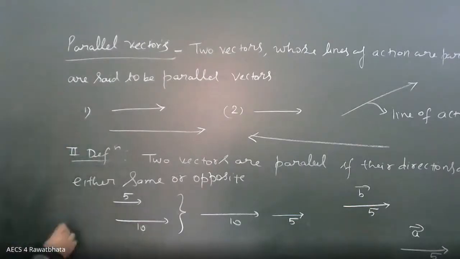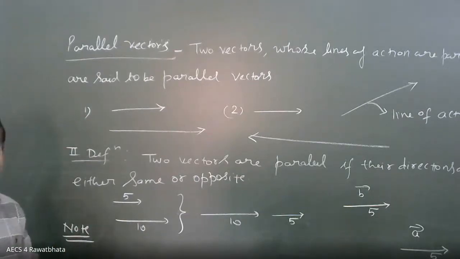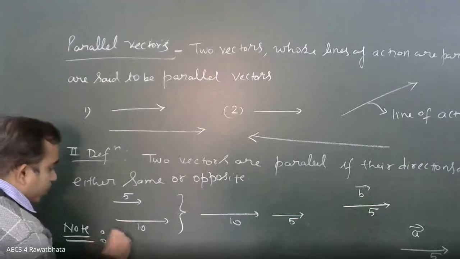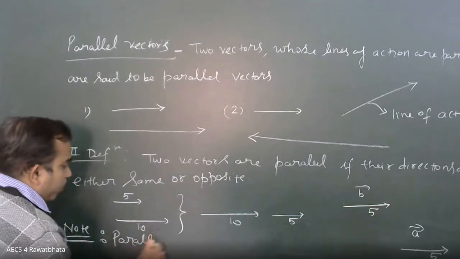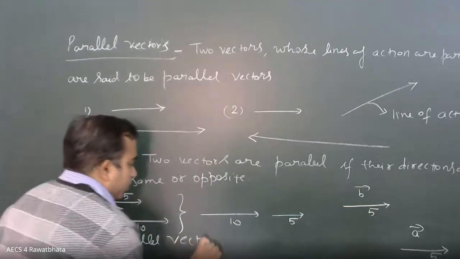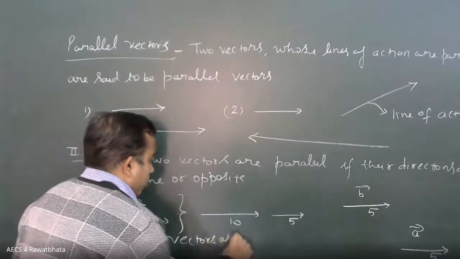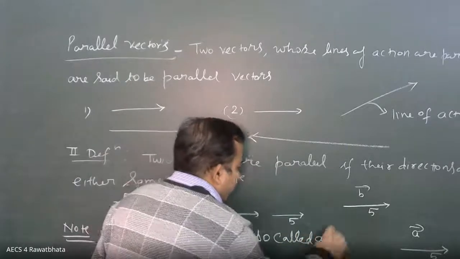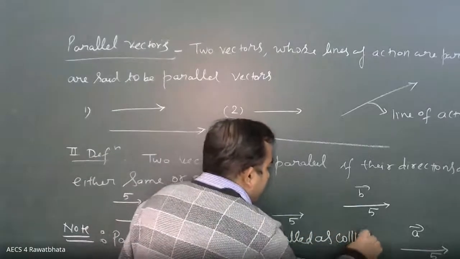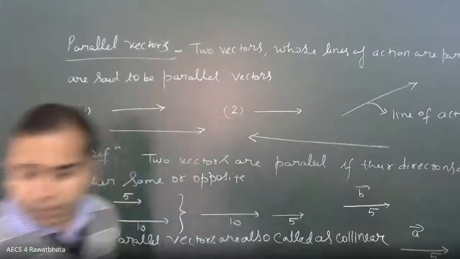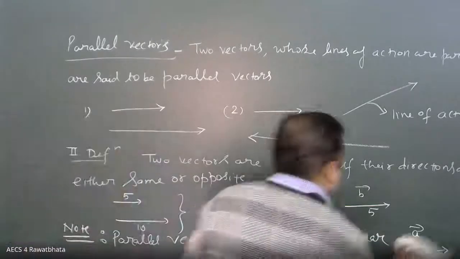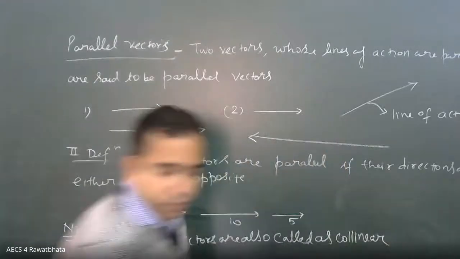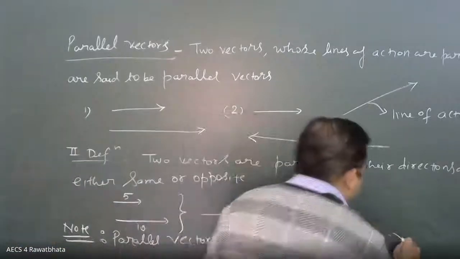That is why there is one more name for these parallel vectors. They are also known as collinear vectors. Parallel vectors are also called collinear vectors. Understood? Collinear vectors.